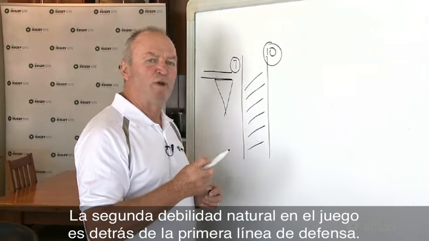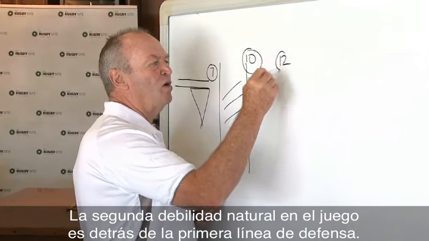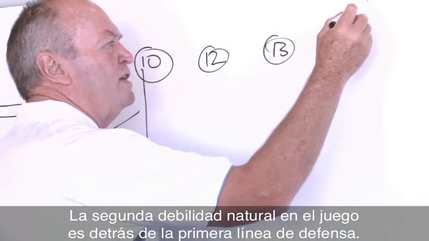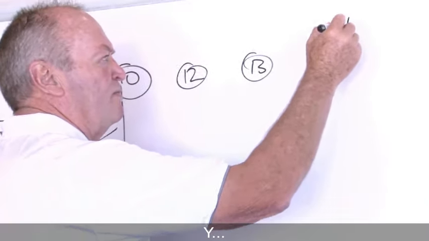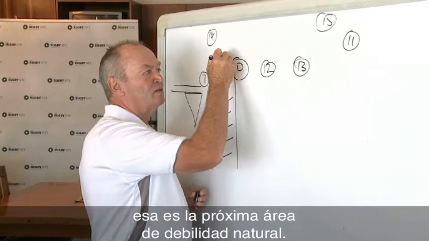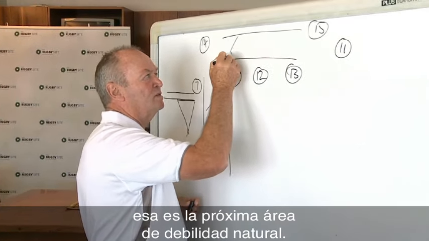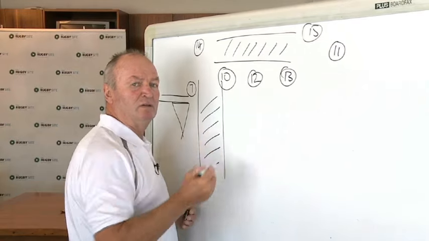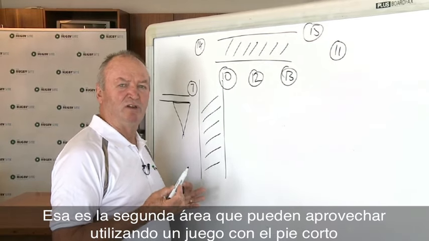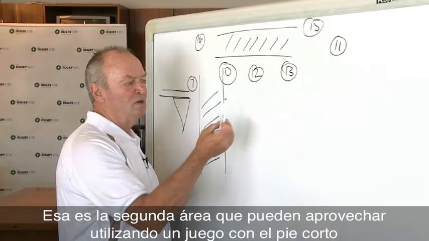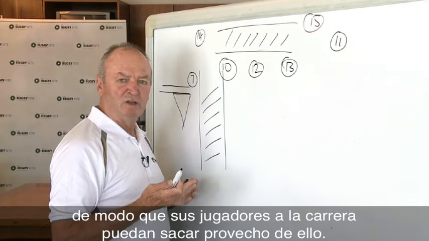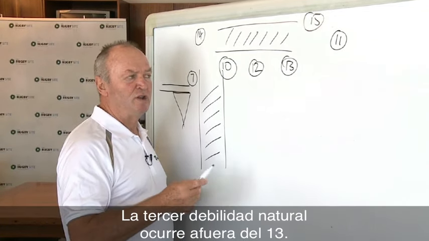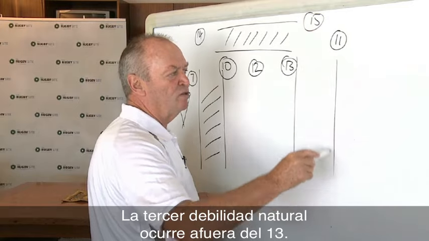The second natural weakness in the game is behind the first line of defence, and the next line of natural weakness is in that area there. So that's the second area that you can exploit with a short kicking game so that your players running on can take advantage of that. The third natural weakness is outside 13.